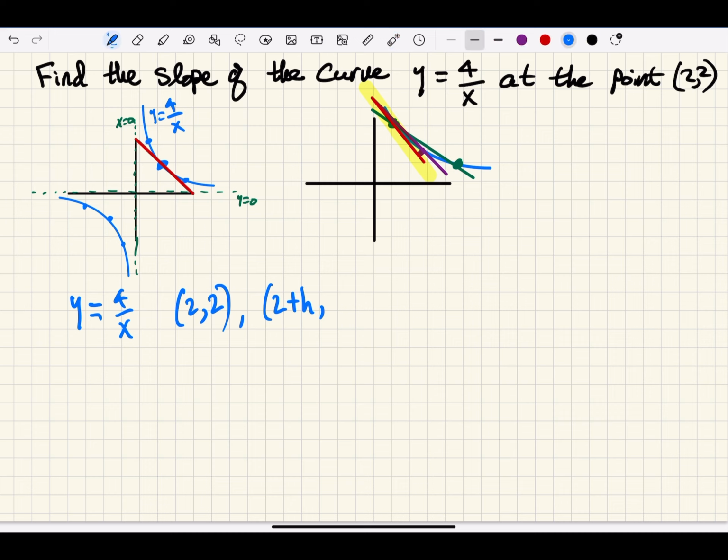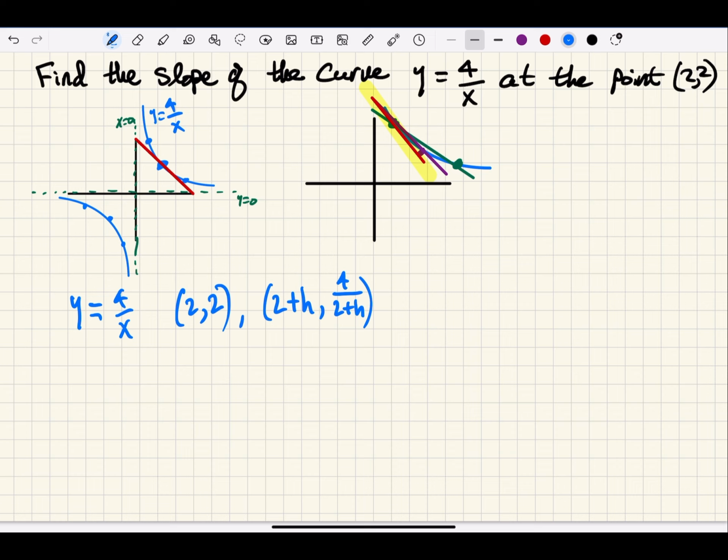And then the function value would be 4 over 2 plus h. If the x coordinate is 2 plus h and the function is y equals 4 over x, then the y coordinate would be 4 over 2 plus h.